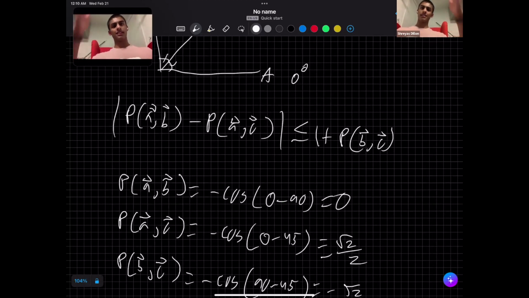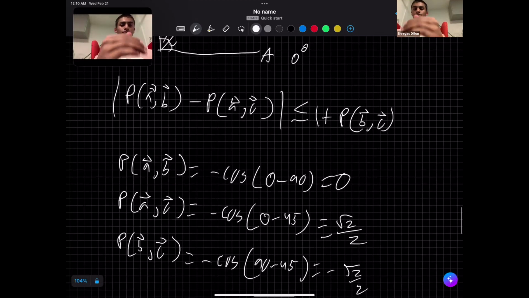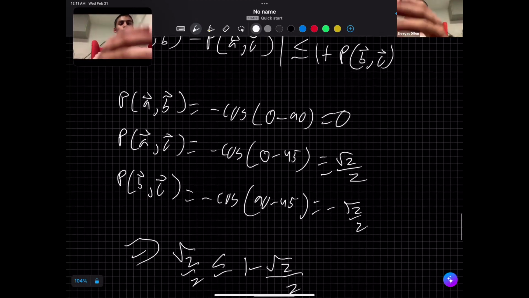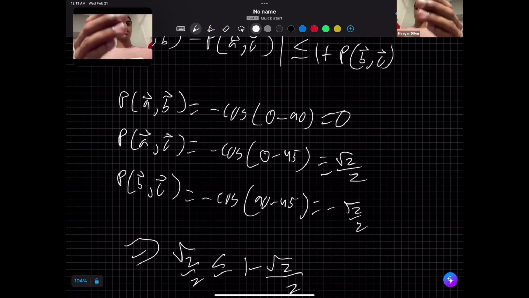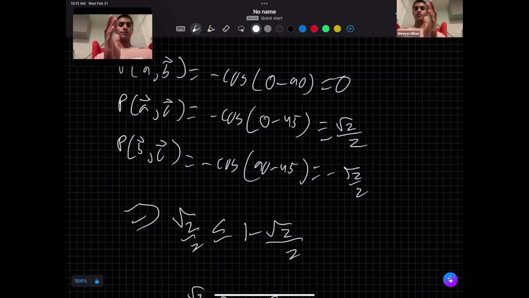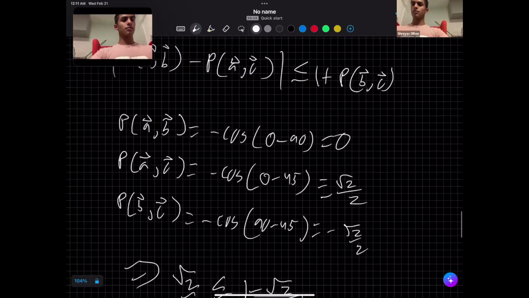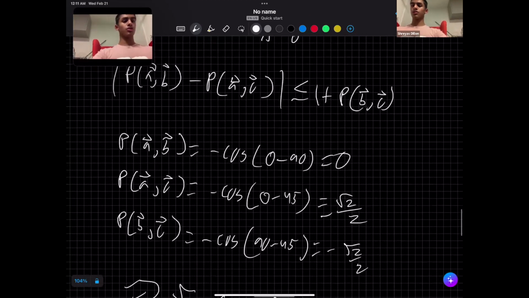Cosine of negative 90 is 0. And we're going to follow similar steps for the next two to get P of A vector comma C vector is negative root 2 over 2, and P of B comma C is negative root 2 over 2. So we have the absolute value of negative root 2 over 2, which is root 2 over 2 on the left side, is less than or equal to 1 minus root 2 over 2.